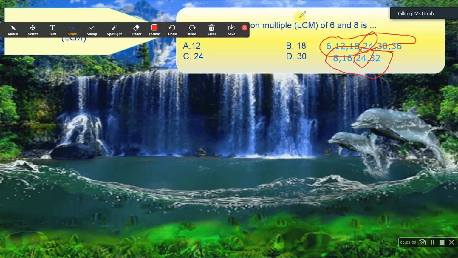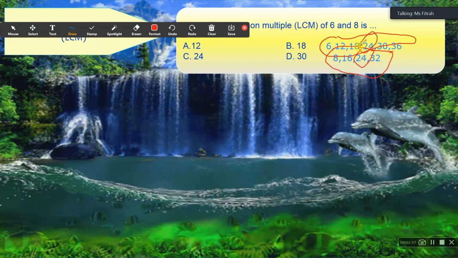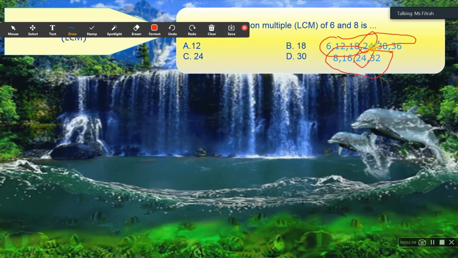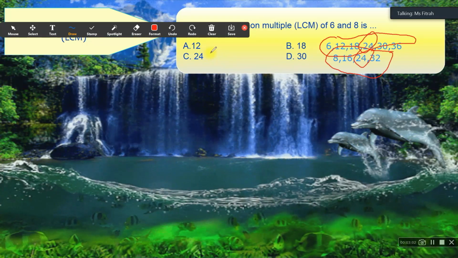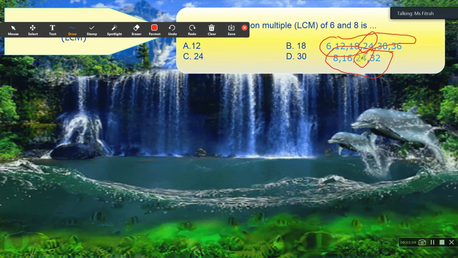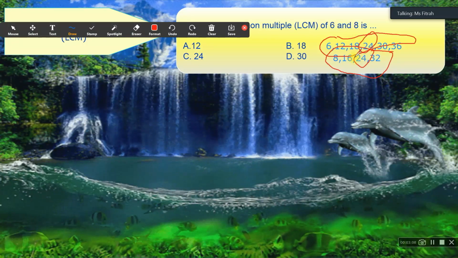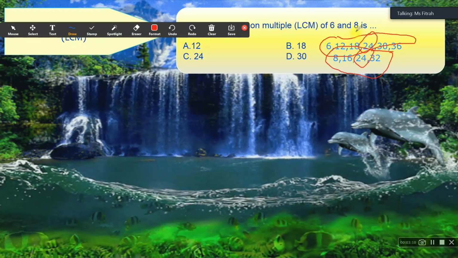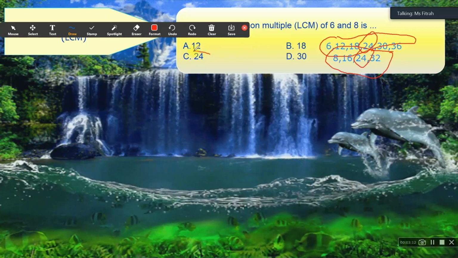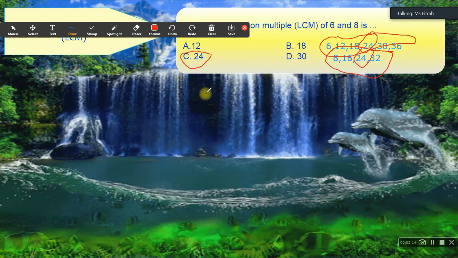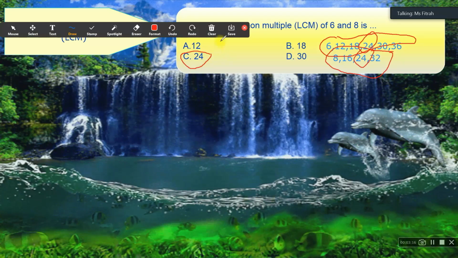And then look at the lowest common multiple. The lowest is 24. 24 is the multiple of 6, and then 24 is the multiple of 8. Yep. So the answer is 24.